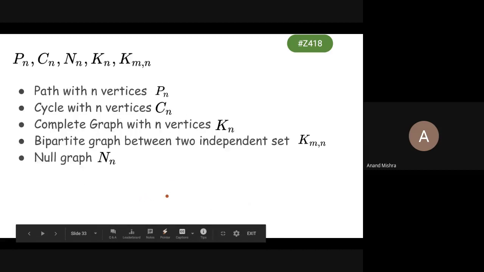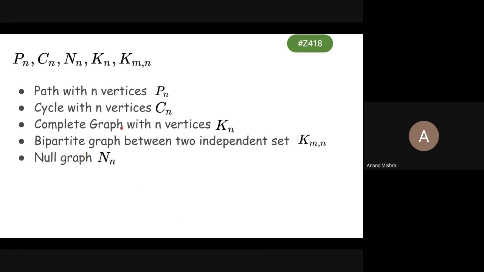Okay, this is a very important slide. You should definitely know this, because sometime in this course or anywhere, when we discuss things, we might be using these notations. P_n is the path of size n. C_n is the cycle with n vertices. N_n is the null graph.